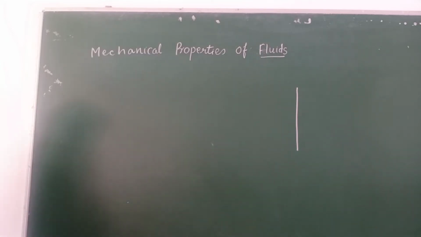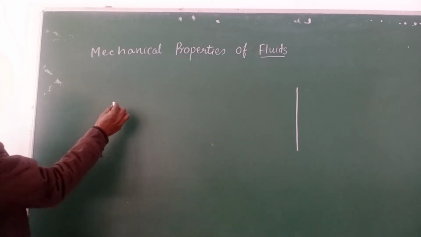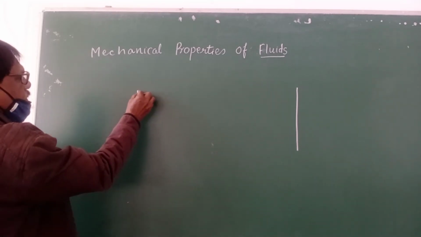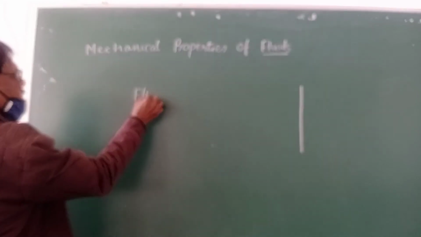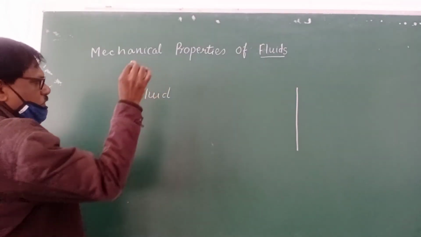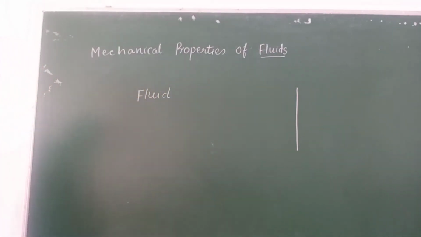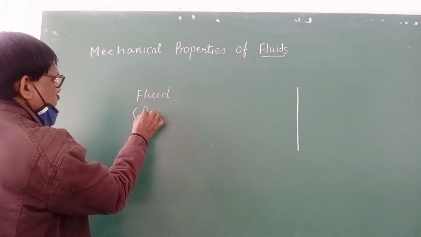The volume of solid, gas and liquid depends upon the intermolecular forces. Also, the volume of solid and liquid, liquid meaning fluid, depends upon the stress or pressure acting on it.